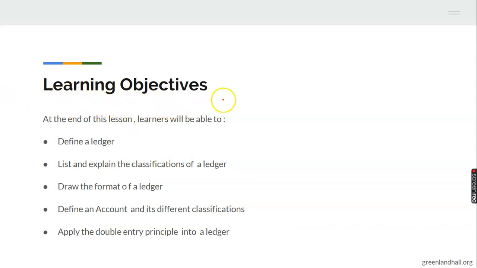The learning objectives include: one, that at the end of this lesson, you as a learner should be able to define a ledger; 2, list and explain the classifications of ledger; 3, draw the format of a ledger; 4, define an account and its different classifications; and 5, apply the double entry principle in posting transactions into a ledger.